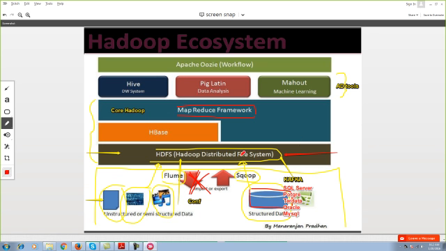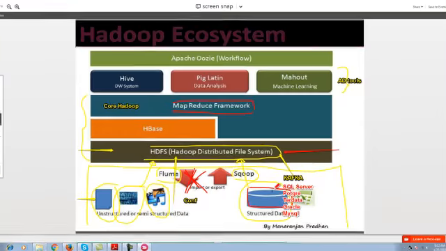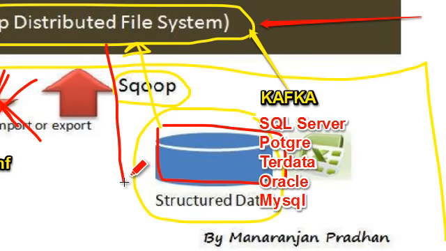And finally, I wanted to publish that data again to any of the databases, right? So SQOOP can do that. So basically what I'm trying to tell you over here is SQOOP is a bidirectional utility, right? So in order to understand this diagram, you have to understand that SQOOP is bidirectional.